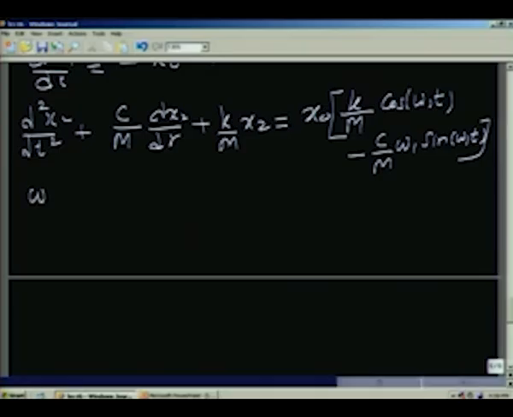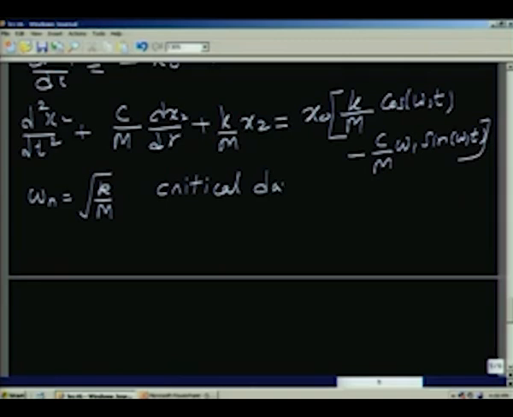So, the natural frequency omega n we already know is square root of k by m. And we will also introduce what is called the critical damping coefficient or damping constant.